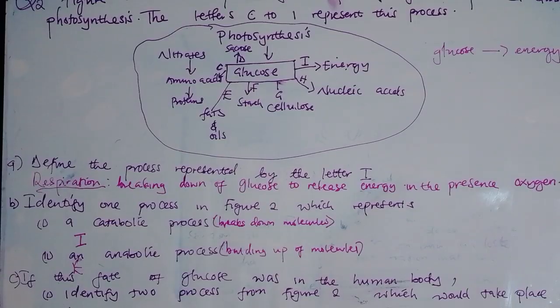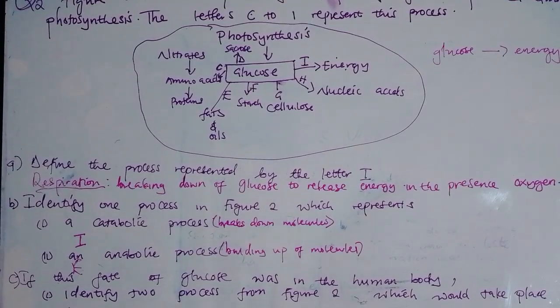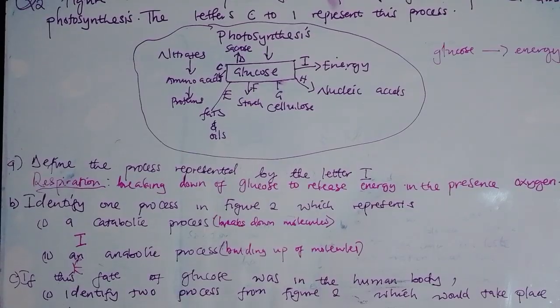The first process which can take place is, of course, respiration. Respiration takes place in all living things, because all living things basically need energy to survive. You need energy to move, energy to talk, energy to eat. So our first process is I again.